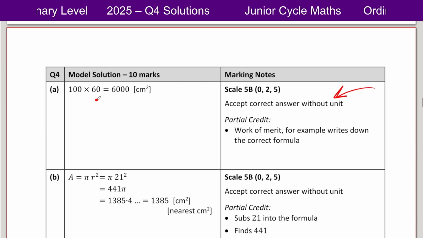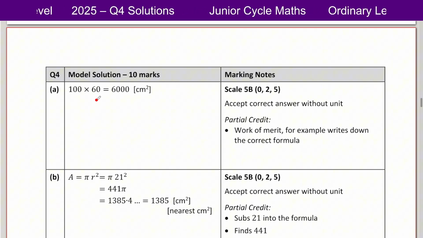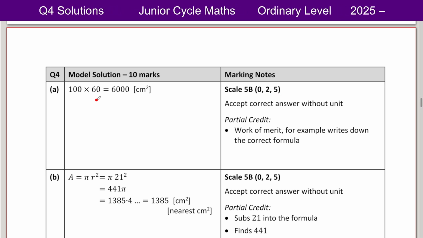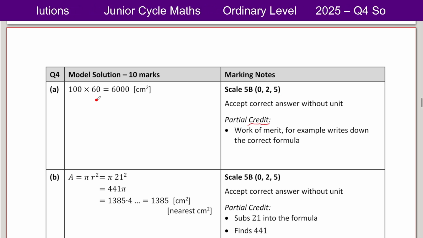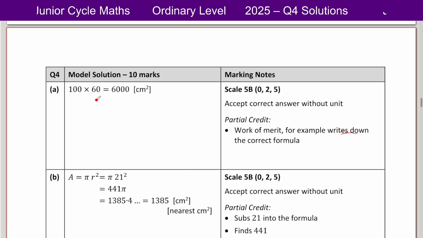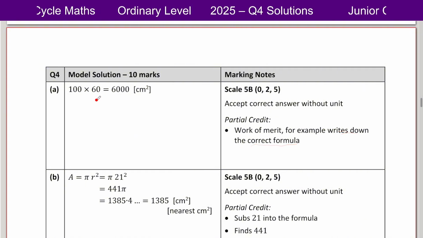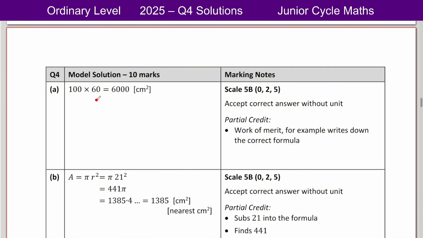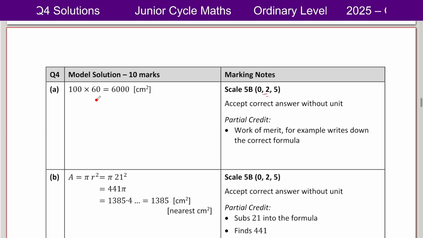So that's no problem with the unit, and we may get 2 out of 5 in the case of partial credit. In that case, maybe we just write down only the correct formula, which is the length times the width. So we need to be careful about it.